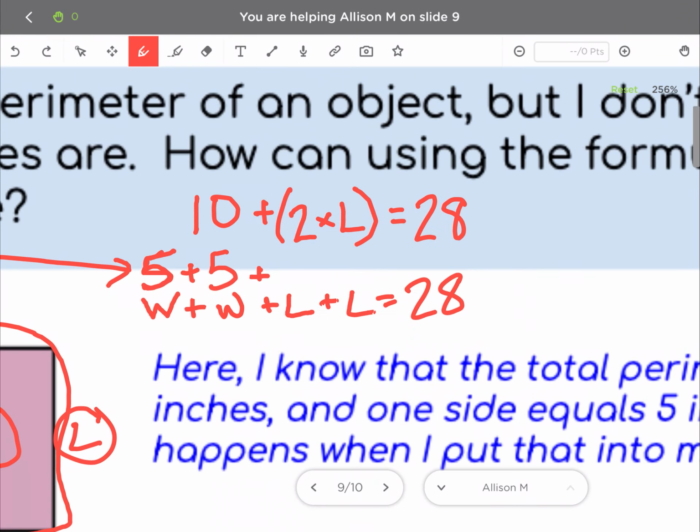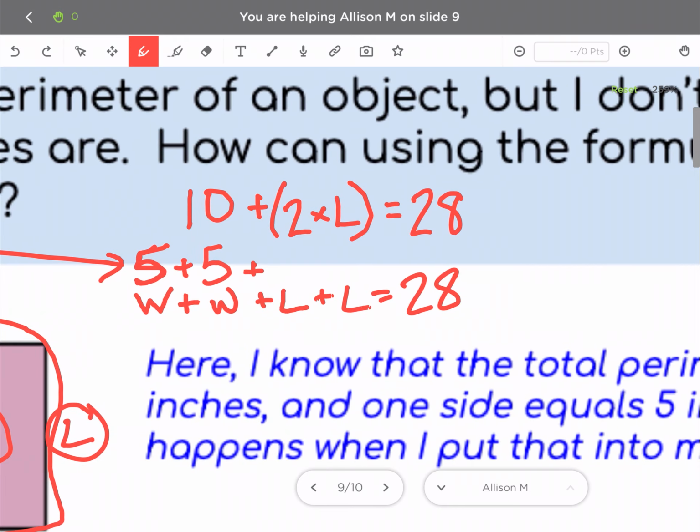So let's go back to here. We know 10 plus something equals 28. Well, you know what you could do? You could do 28 minus 10 will get you the unknown number, which would be 18.